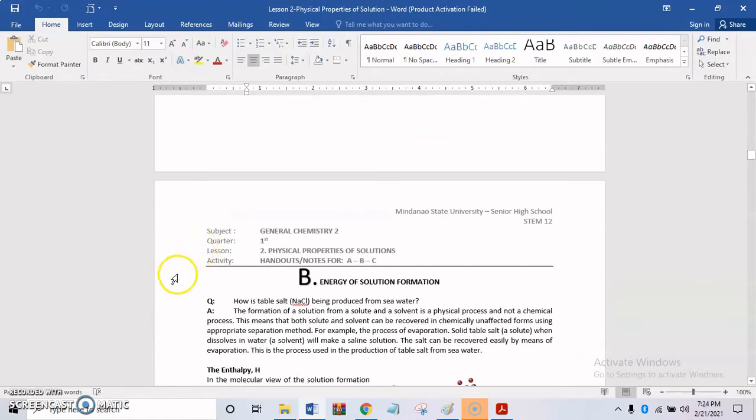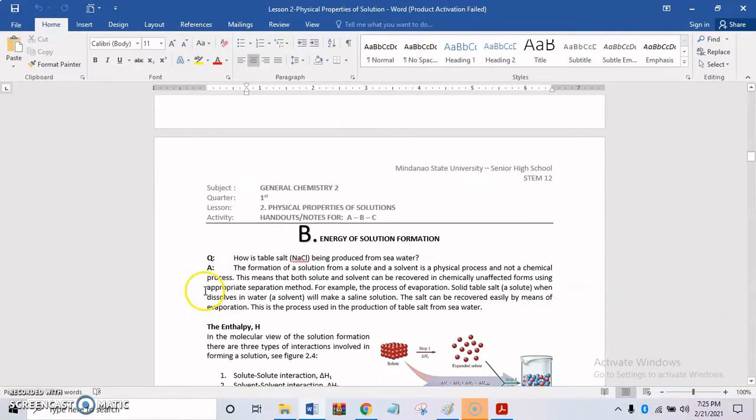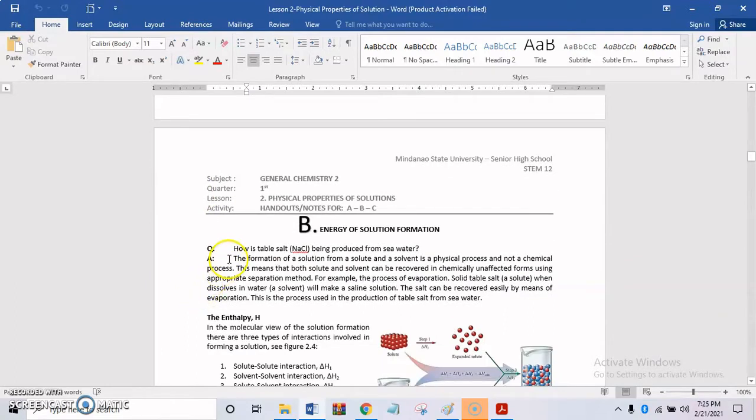Let's go to the energy of solution formation. Question: how is table salt being produced from seawater? So the answer here is, the formation of a solution from a solute and a solvent is a physical process and not a chemical process. This means that both solute and solvent can be recovered in chemically unaffected forms using appropriate separation method.